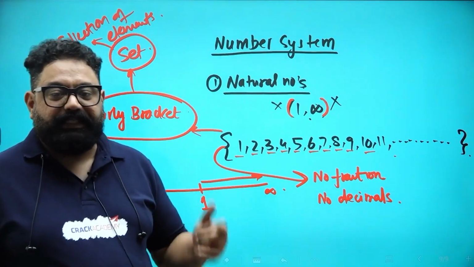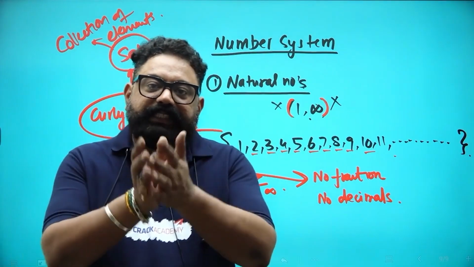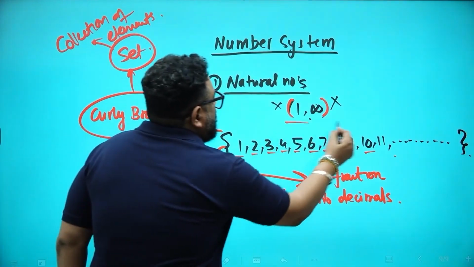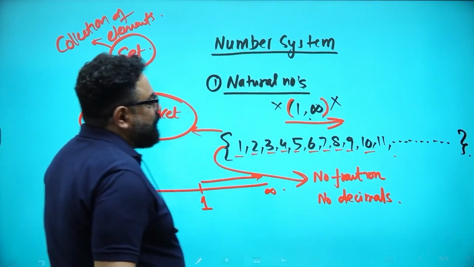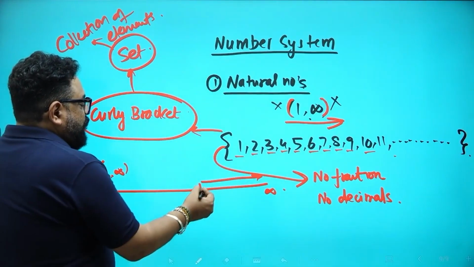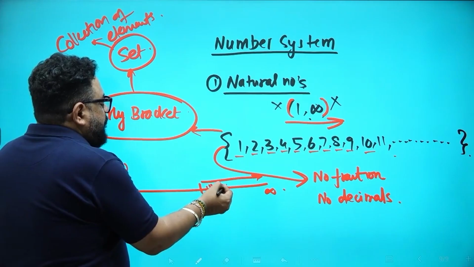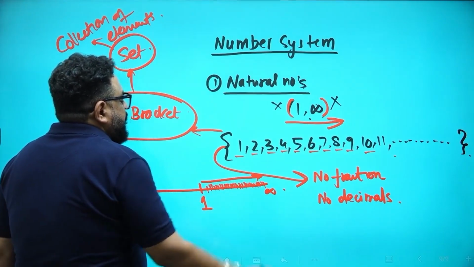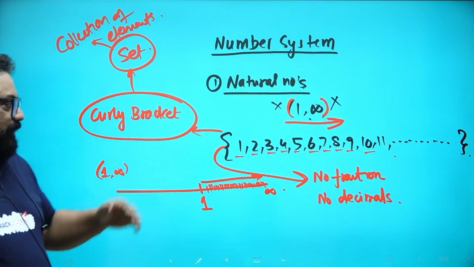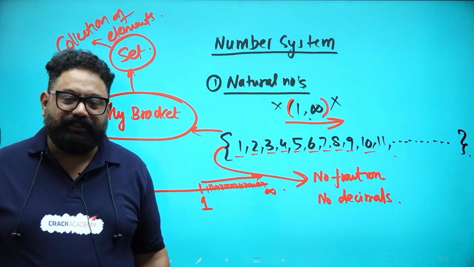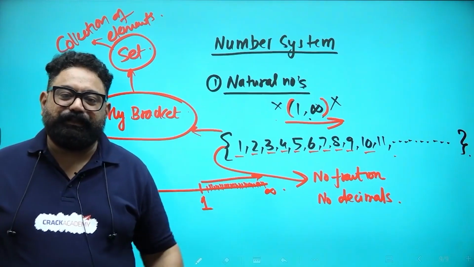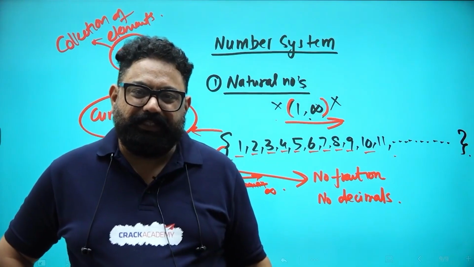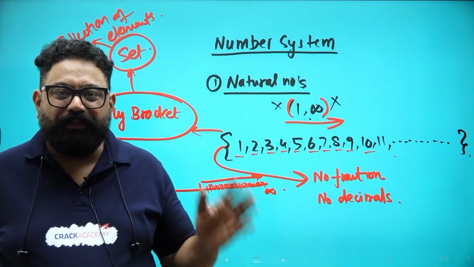That was the basic meaning of a set. So 1 to infinity cannot be the set of natural numbers, because it will involve an infinite number of numbers, even fractions, decimals, everything. Many students did not know about this.